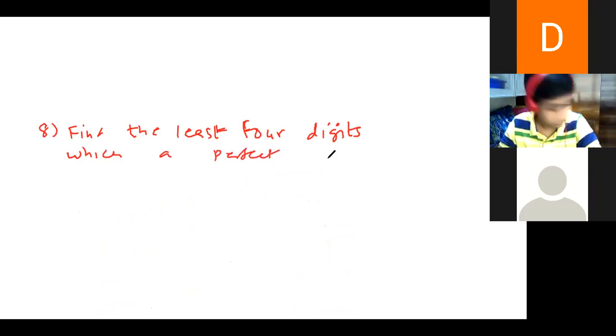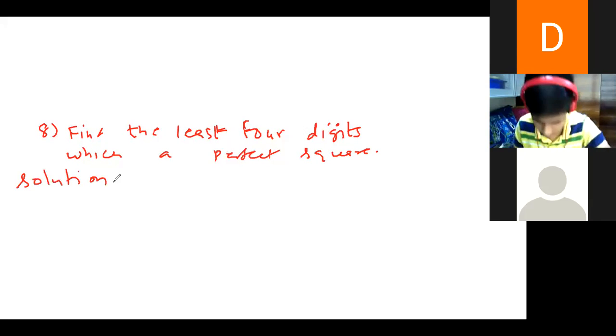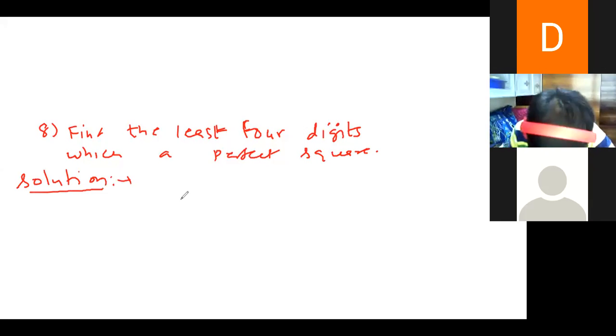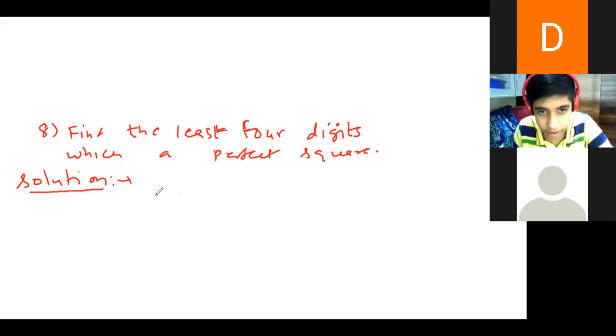Will you try on your own? Yes, sir. Just take 2 or 3 minutes. Can you tell me the least 4-digit number which you know? 1,000. But that 1,000 may not be a perfect square, so we have to add some remainder.